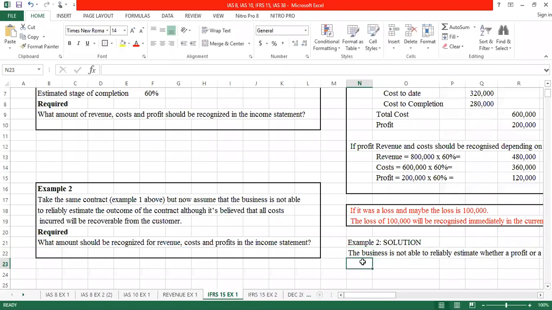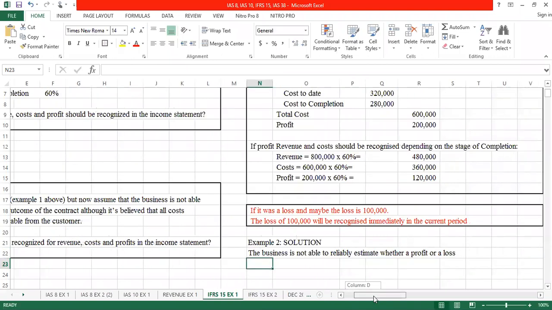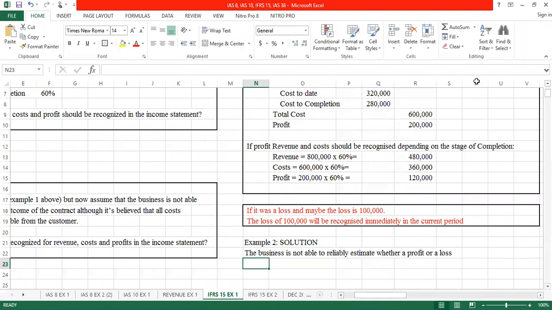What did we say? The rule was the business is not in a position to estimate whether it's a profit or a loss.